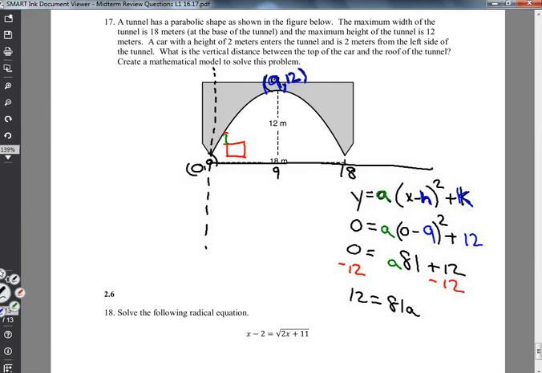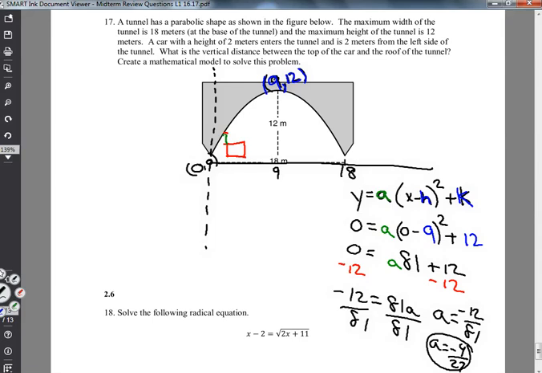And then divide by 81, and get that A equals negative 12 over 81, or A equals negative 4 over 27.